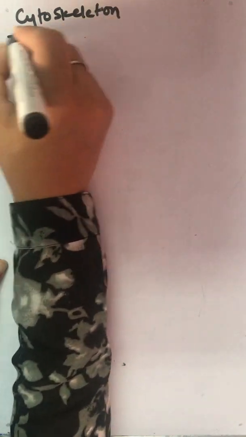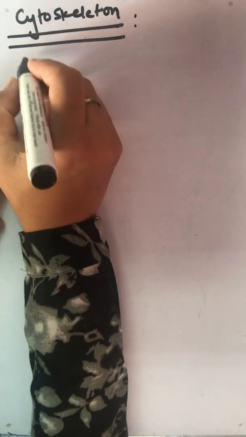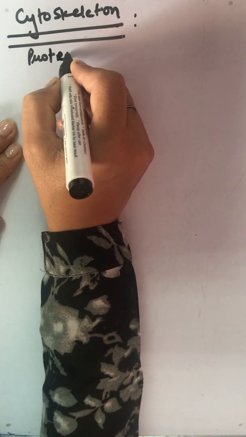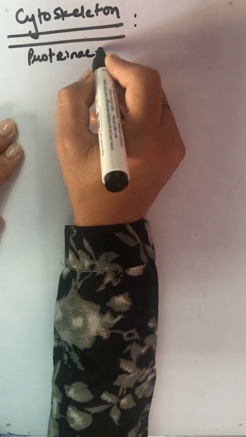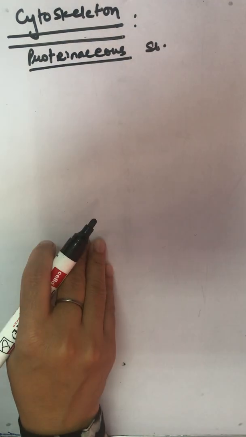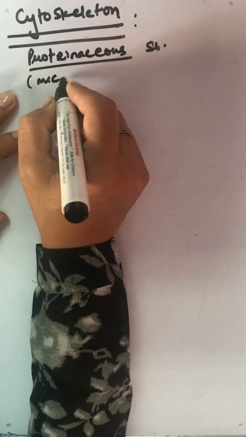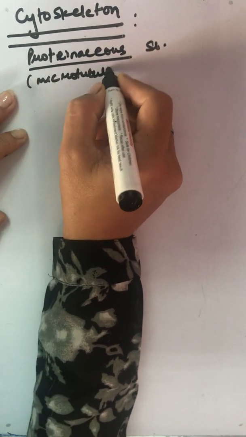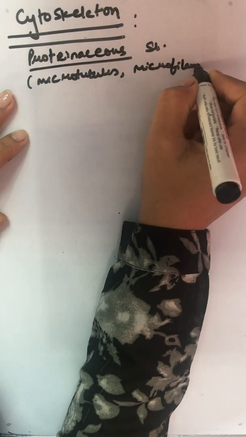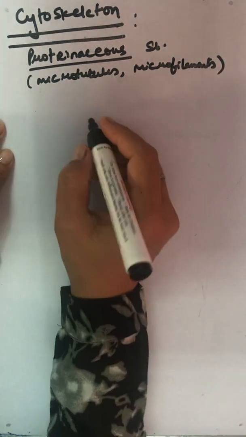Cytoskeleton structures are proteinaceous, formed of microtubules and microfilaments, right, which are formed in the cytoplasm.